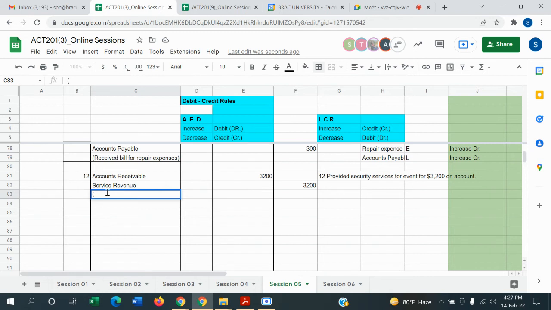Provided services on account. That's all. Basically, from the transactions, we can identify what could be the explanation.